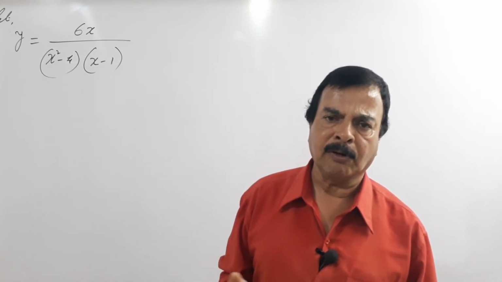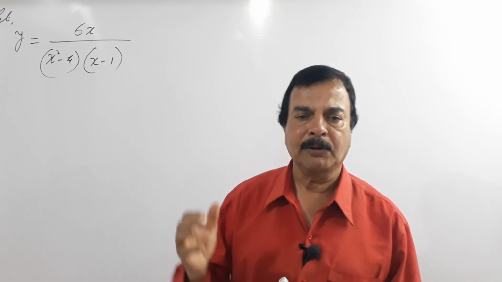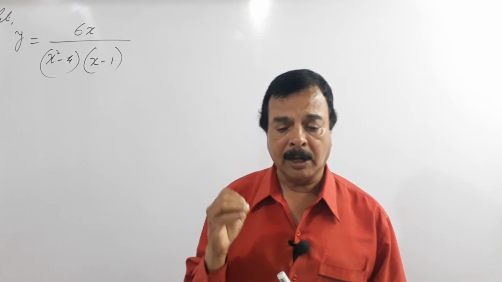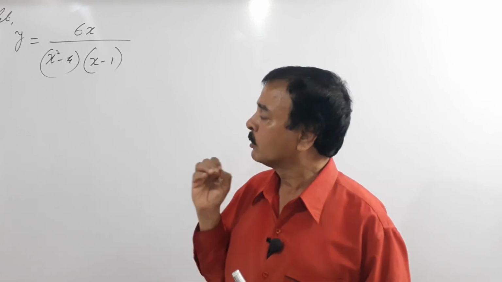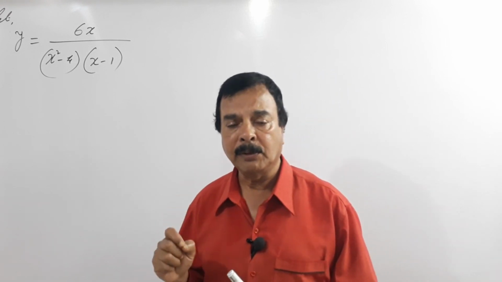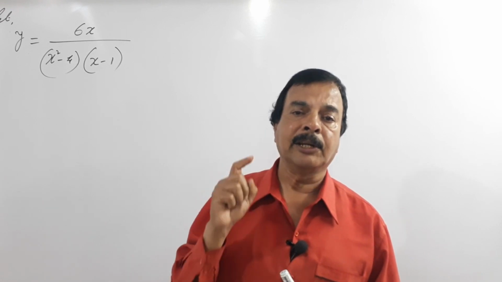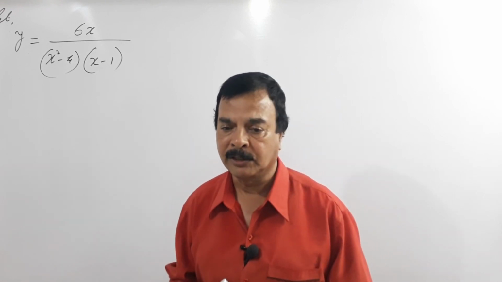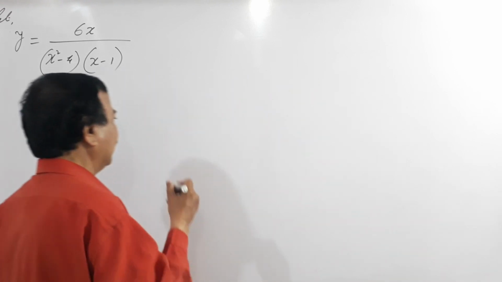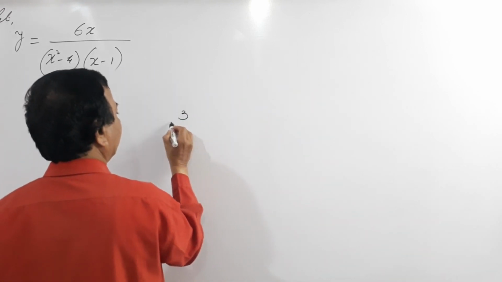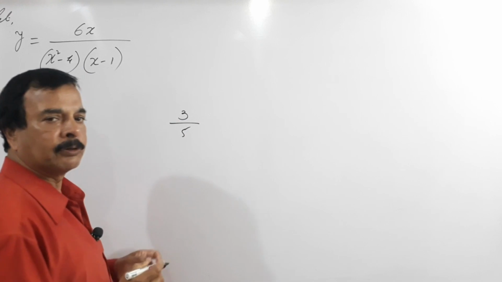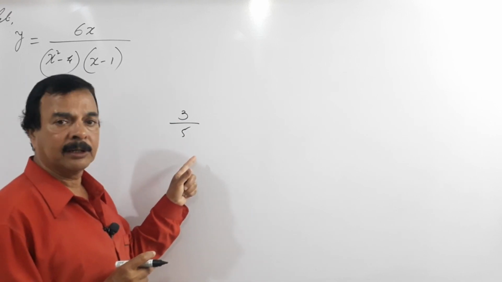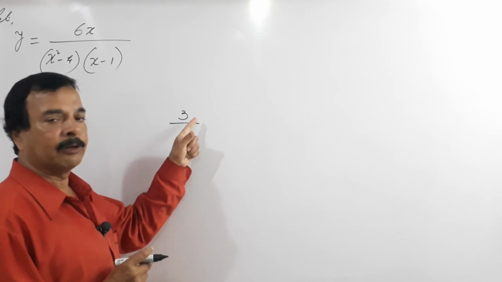Some of you would have forgotten what a proper fraction is because you have reached some higher level. If the degree of the denominator is higher than the degree of the numerator, then such a fraction is called a proper fraction. For example, numerically, 3 by 5: here the denominator 5 is greater than the numerator.